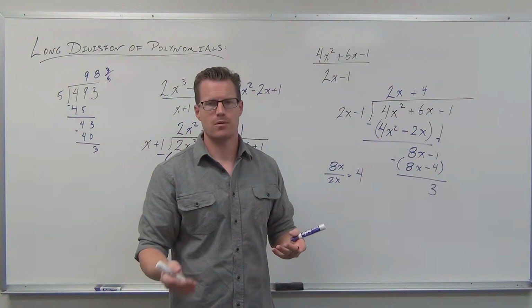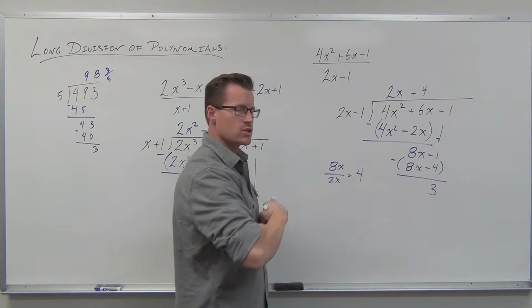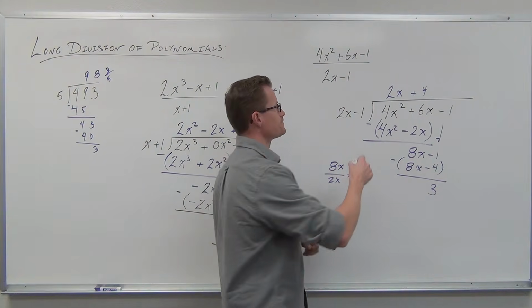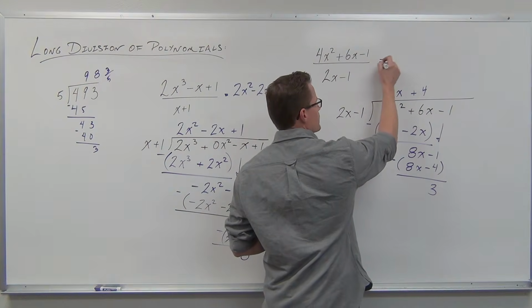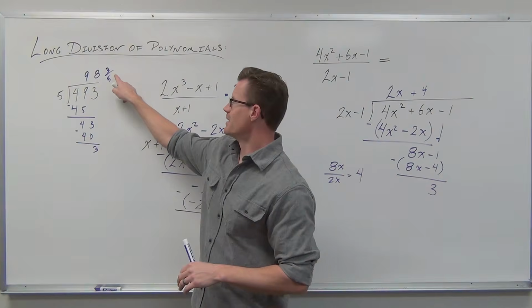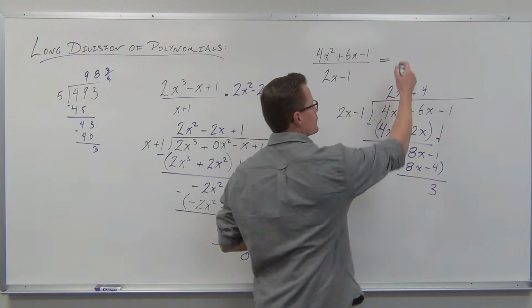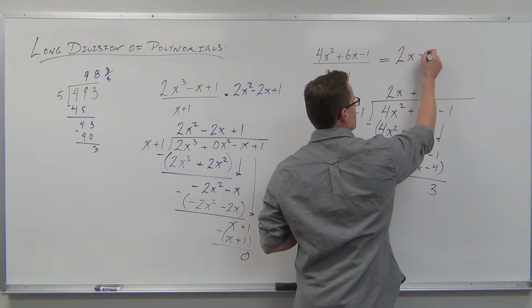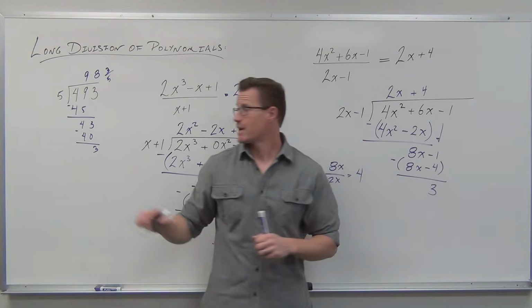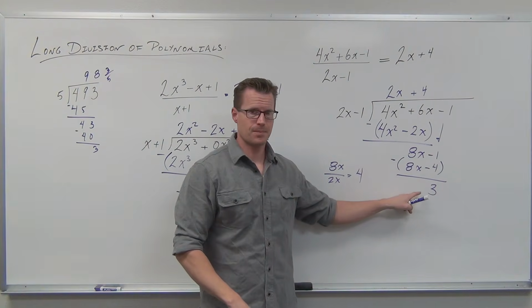Now, what you do with that remainder, sometimes it's enough to just say we have a remainder of 3. But what you can do with it is one of two things. You either say that you have a remainder of 3, or much like this, we had 98 with a remainder of 3.